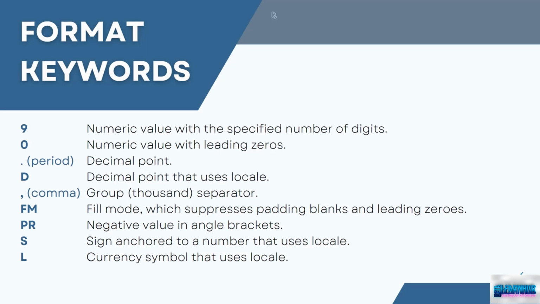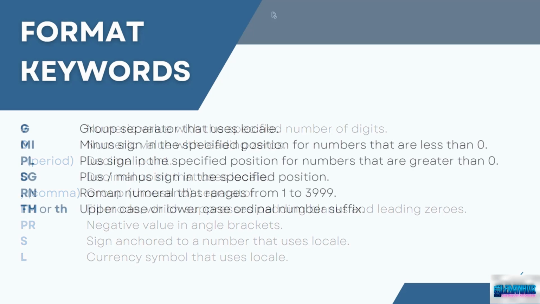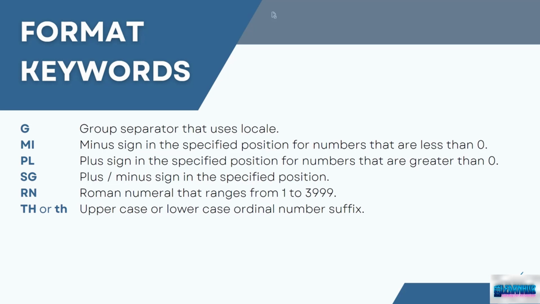PR, negative value in angle brackets. S, sign anchored to a number that uses locale. L, currency symbol that uses locale. G, group separator that uses locale. MI, minus sign in the specified position for numbers that are less than 0.